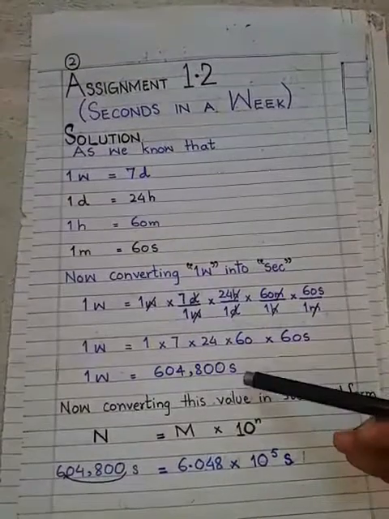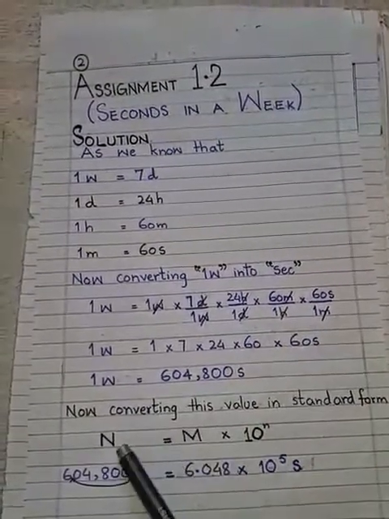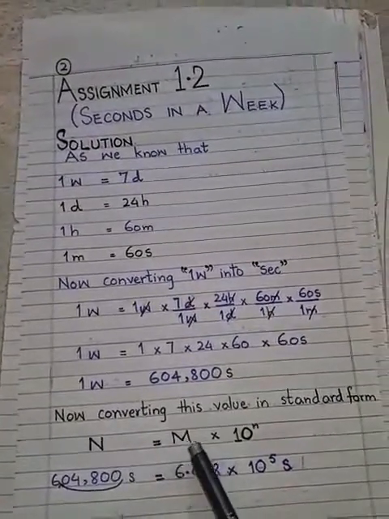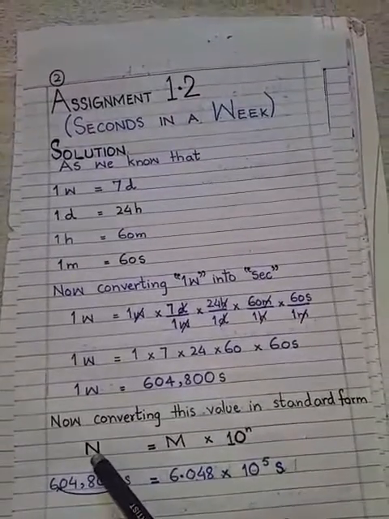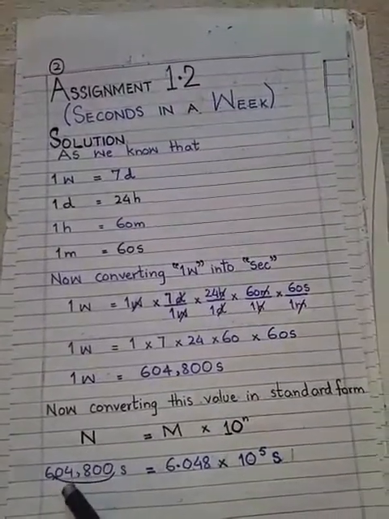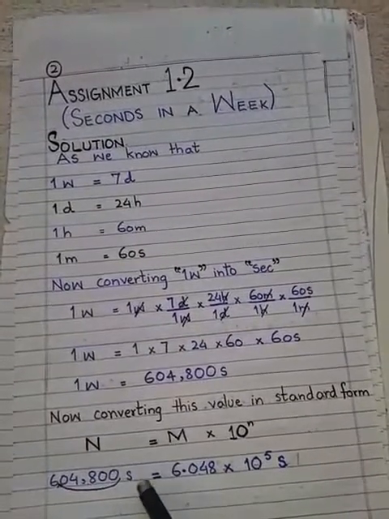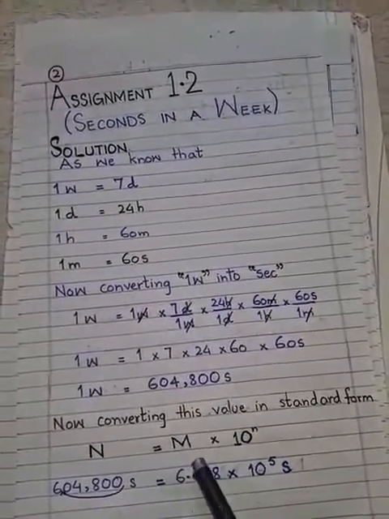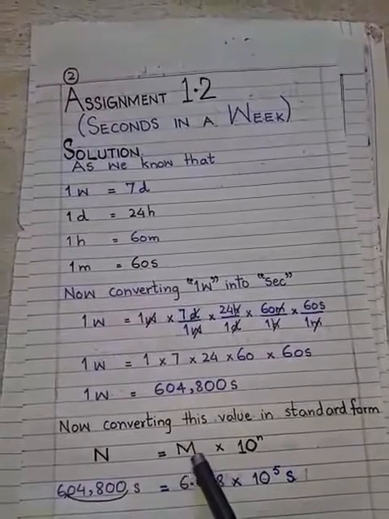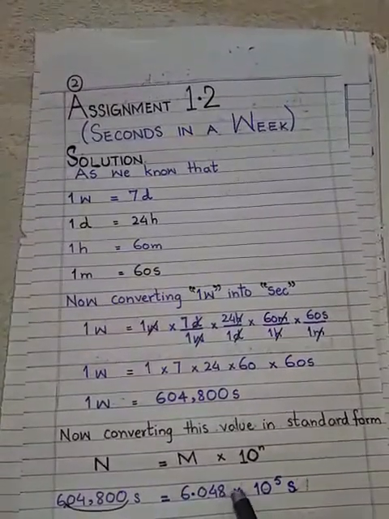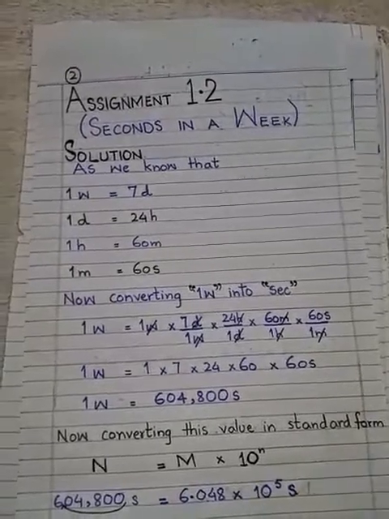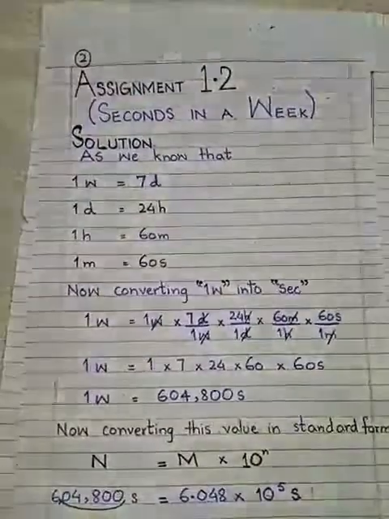So converting this value to standard form, N is equal to M multiplied by 10^n. N is the number in simple notation, and the number is 604800 seconds. M is the mantissa. The mantissa is equal to 6.048, into 10 raised to power.